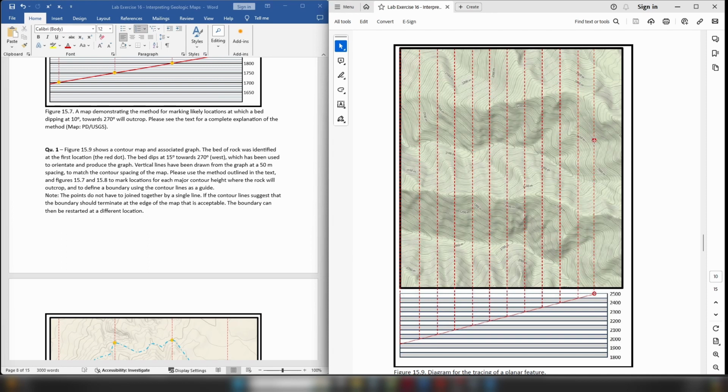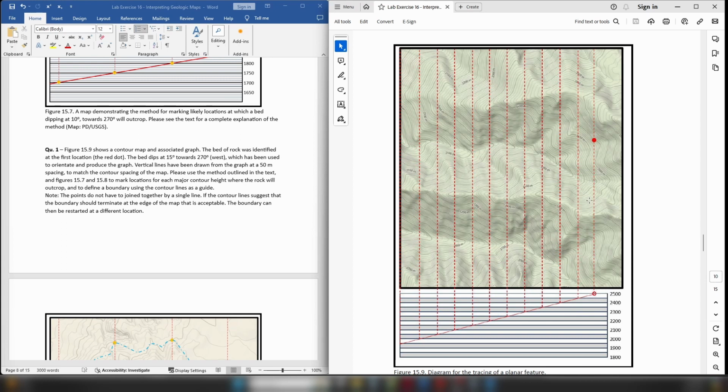And we know that this contour line here is the 2,500 meter contour line. If we follow it around, it comes really close right there, then it comes around here, and then eventually it crosses the 2,500 meter line right here. So we're going to have to draw another point right there.